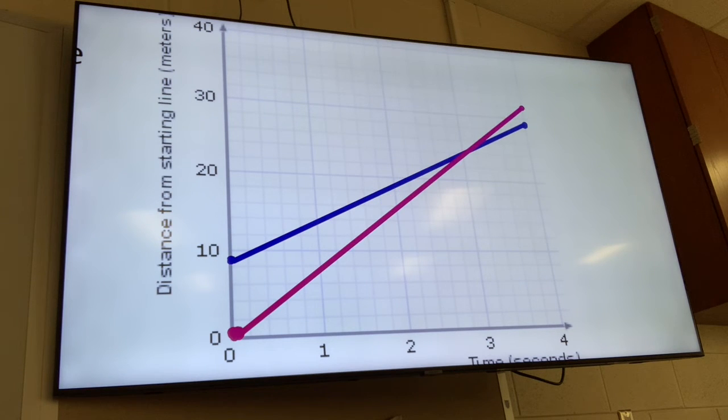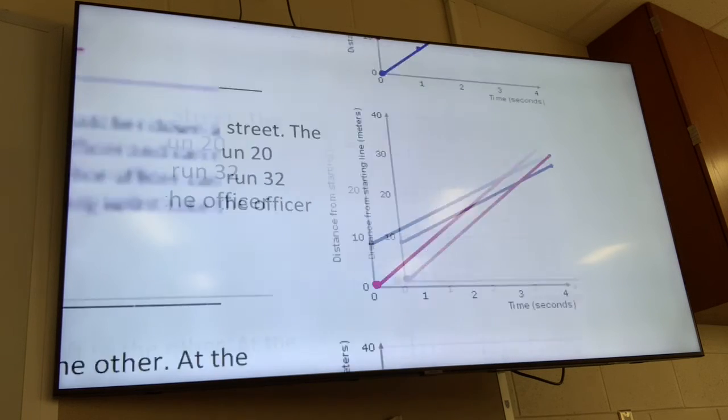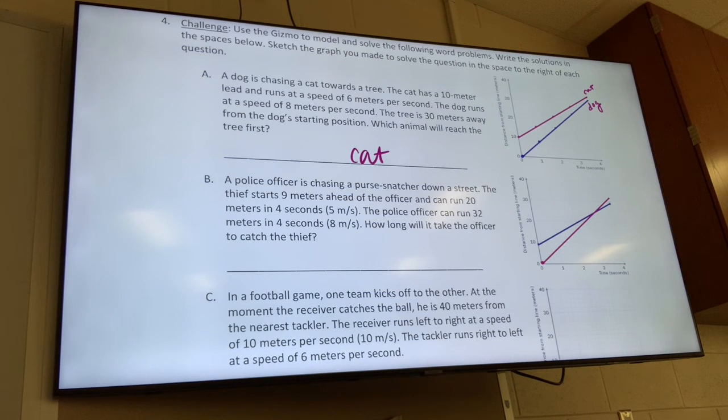And where they intersect is where the police officer will catch up to our purse snatcher. So it's about 3 seconds, maybe a little bit after 3 seconds. So close to 3 seconds. If you look and you go down, it's about 3 seconds.